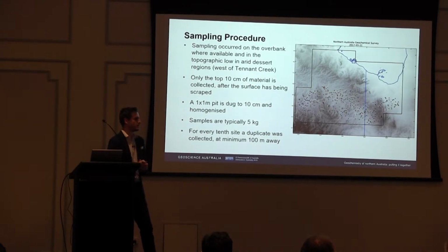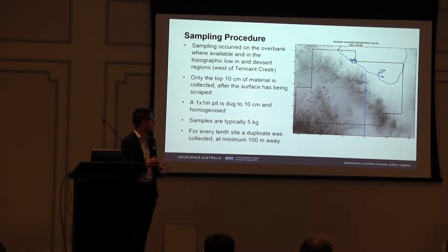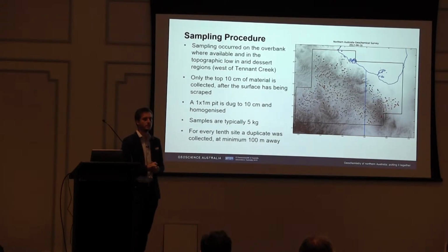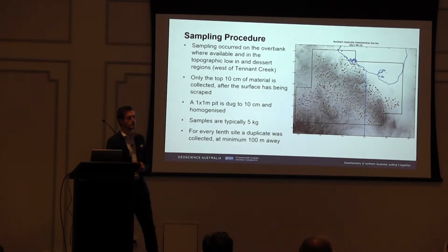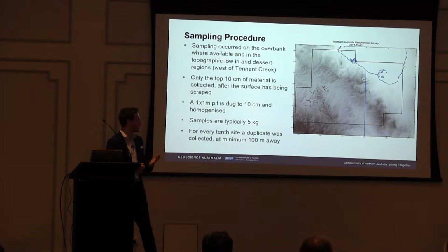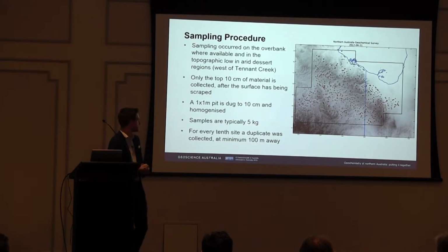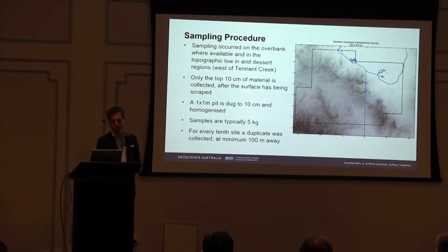Unlike some of the previous surveys that we've undertaken, this only sampled the top material, so the top 10 centimetres, and this was done by digging a 1 by 1 metre pit, which was homogenised in order to get a somewhat representative sample. And then every 10th site, we collected a field duplicate at least 100 metres away. And this was to test the homogeneity of the sampling medium to try and determine if what we were sampling was truly representative, as a floodplain sediment should be fairly consistent over at least that scale.